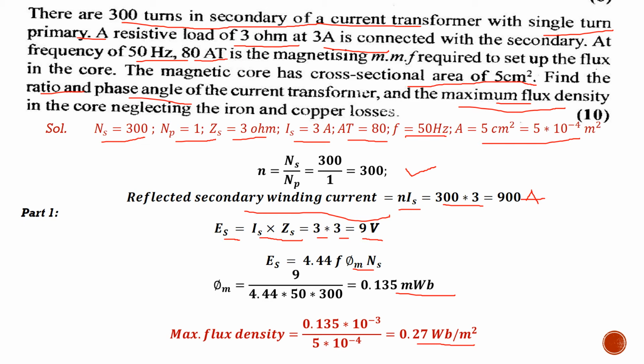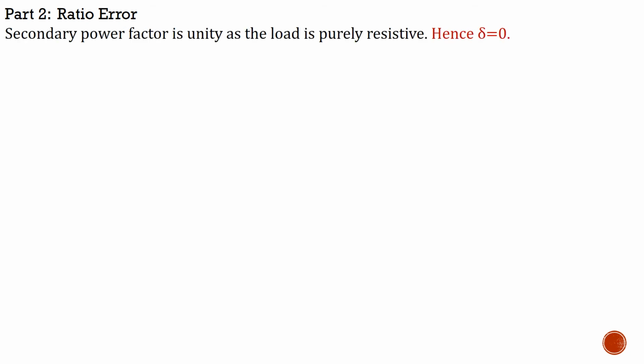Now we will be calculating the ratio and the phase angle of the current transformer. Part 2, to calculate ratio error. Since the load is purely resistive, therefore the secondary power factor becomes unity and the delta angle also becomes 0, as discussed in starting.